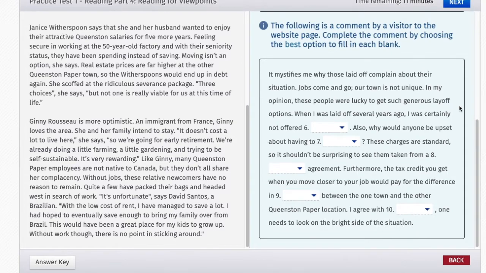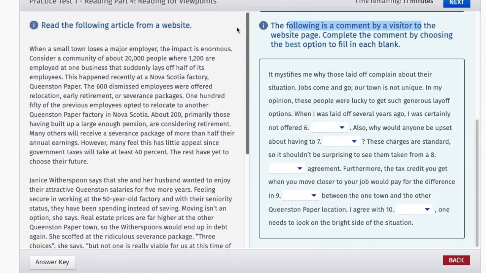Then for the response email or message, here's a comment made by a visitor. So this is an opinion related to this text on the left. So we should try to read sentence by sentence to make sure we understand the context very well.